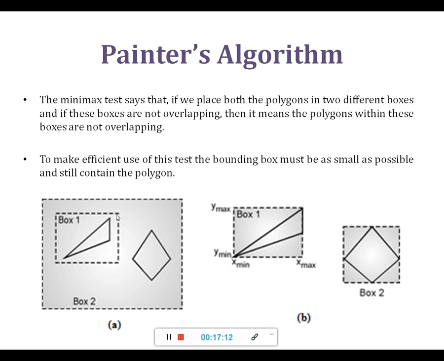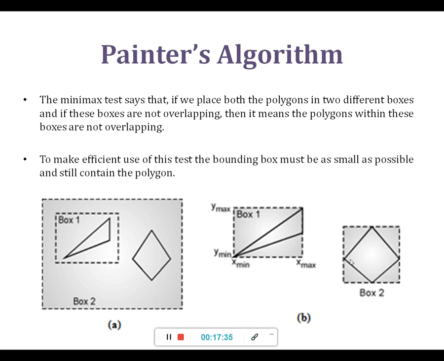We can overlap the edges of the box with the edges of the polygon here. So we have made box 1 as small as possible. In the same way we do it for box 2, making it as small as possible so that it contains the whole polygon within it.